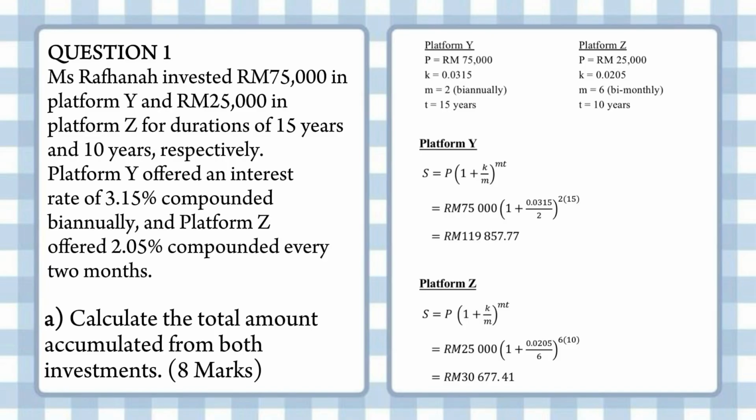In the end, you will get the answer for both platforms. For Platform Y, you will get 119,857 and 77 cents. Meanwhile, for Platform Z, you will get 30,677 and 41.